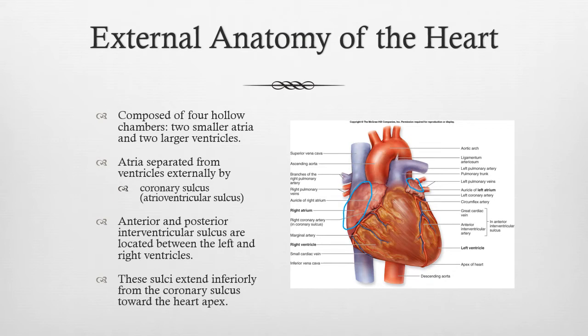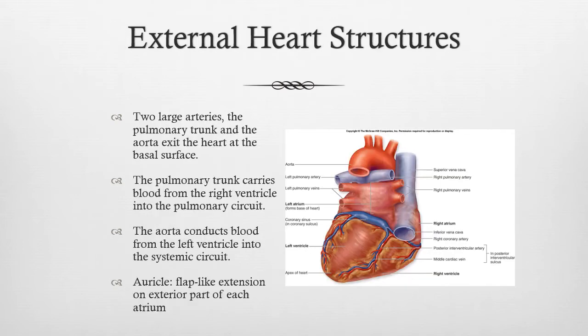We can see the right ventricle and the left ventricle, and in between the two we have the interventricular sulcus. There's a bit of a groove there between the two ventricles, and this is where our blood vessels are going to run as well. There's a little bit of a depression there, and there's also a posterior one, so we can see it on the posterior side as well.